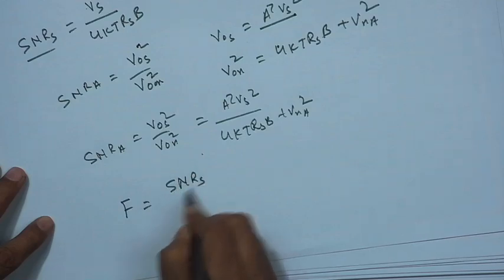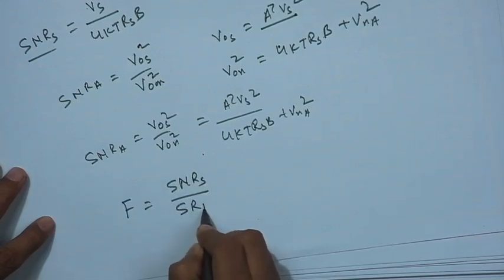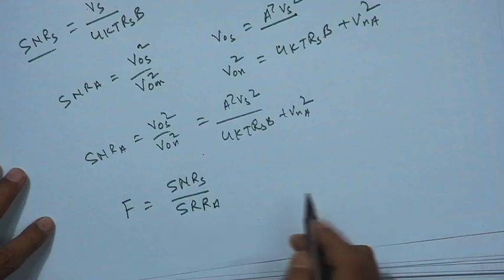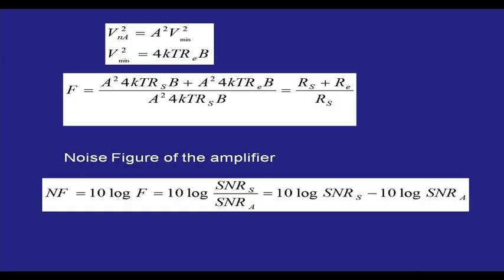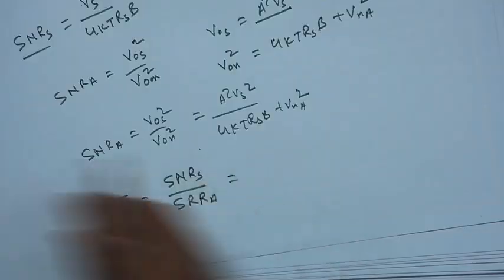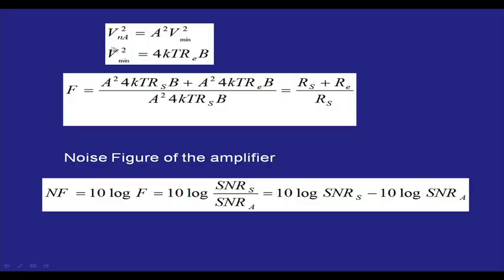It is SNRS by SNRA. So I can write F as this expression, using VNA and V minimum as before.